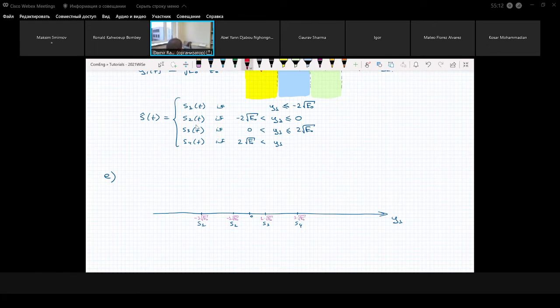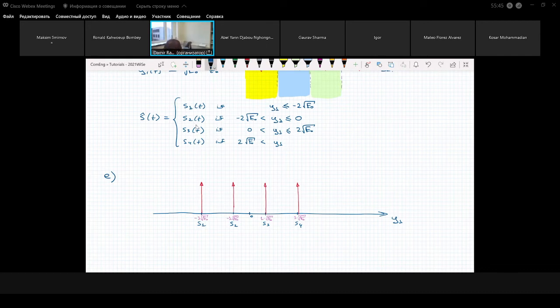And without noise, you will get delta pulses, because there are no other possible voltages that you will receive. Without noise, everything is clear. If you receive something around -3 square root of E0, it definitely will be signal S1, because you have no disturbances during your transmission.